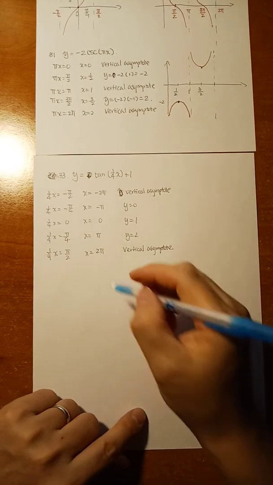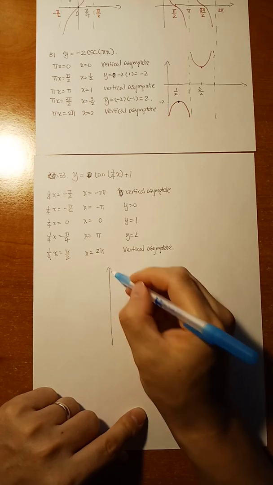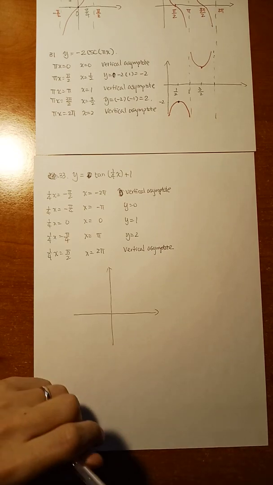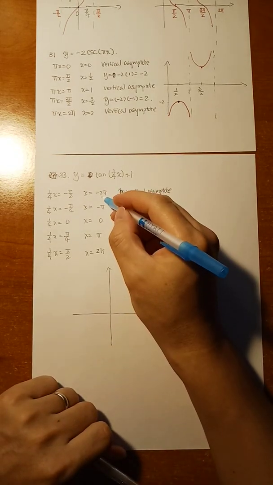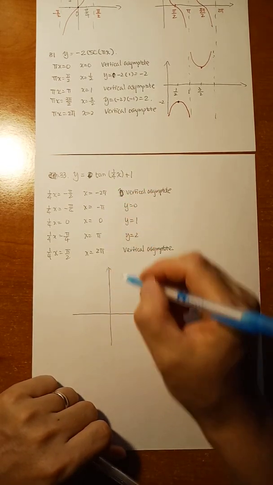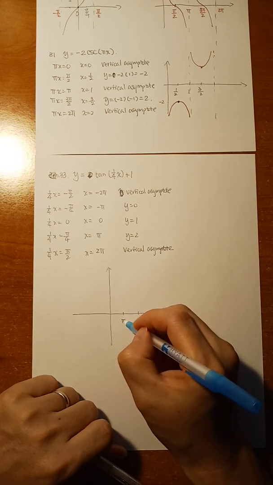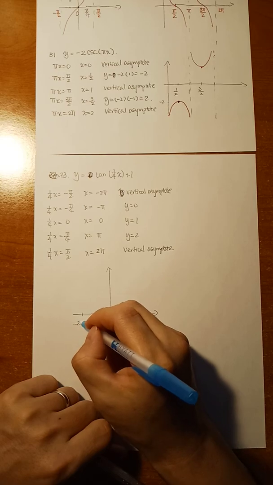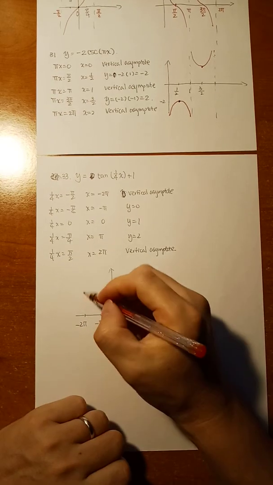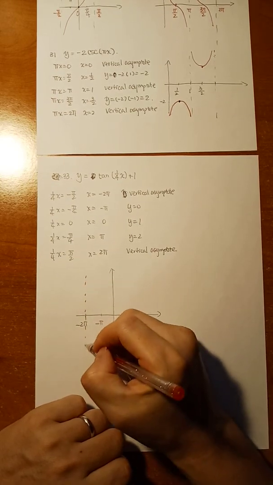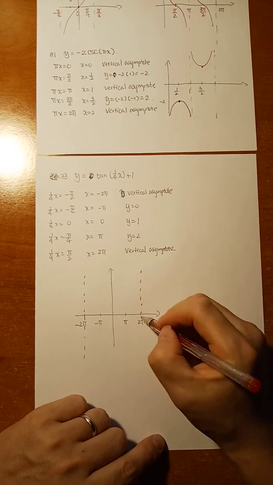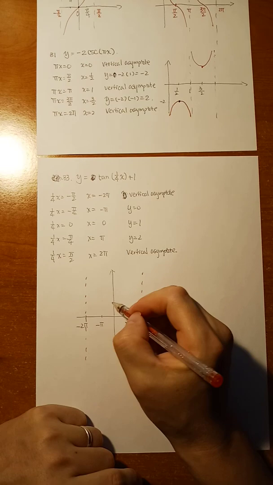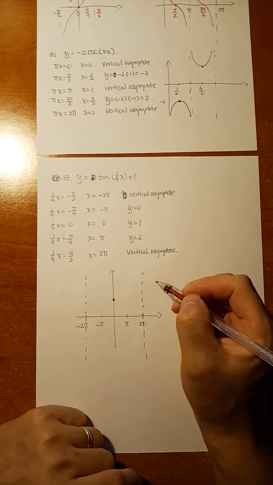Okay, so let's try to sketch it. At negative 2 pi, negative pi, 0, pi, 2 pi. Here you have a vertical asymptote, vertical asymptote. At 0 you get y is 1, so assume 1 is here.